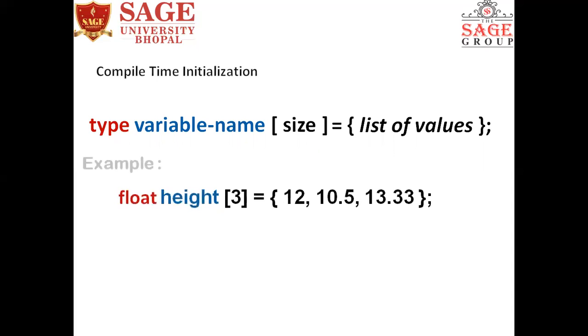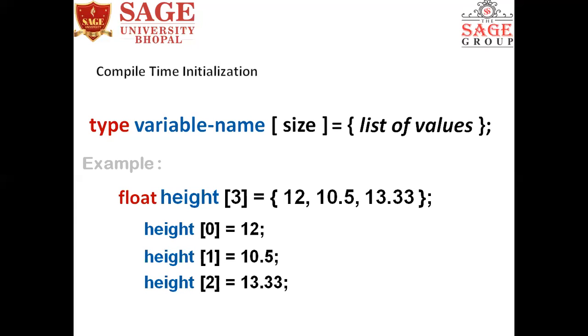Suppose height is an array of float type which can store 3 values. At the time of initialization you have to provide the 3 values to this height array. Here 12, 10.5 and 13.33 are the 3 values which can be stored in this height array.